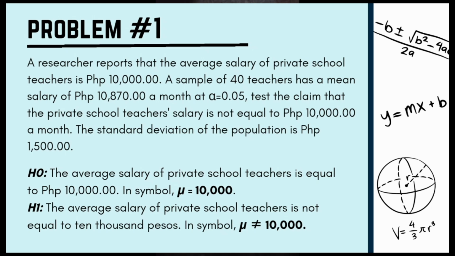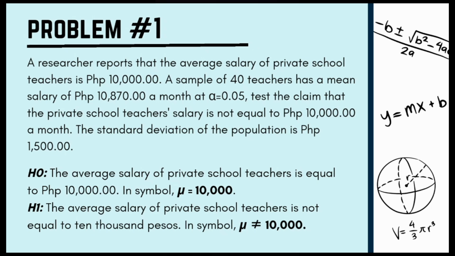A sample of 40 teachers has a mean salary of 10,870 pesos a month at 0.05 level of significance. Test the claim that the private school teacher's salary is not equal to 10,000 pesos a month. The standard deviation of the population is 1,500 pesos.